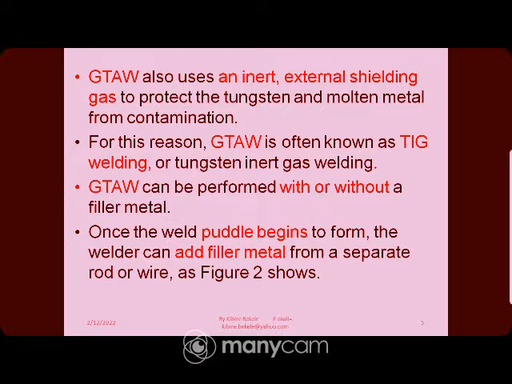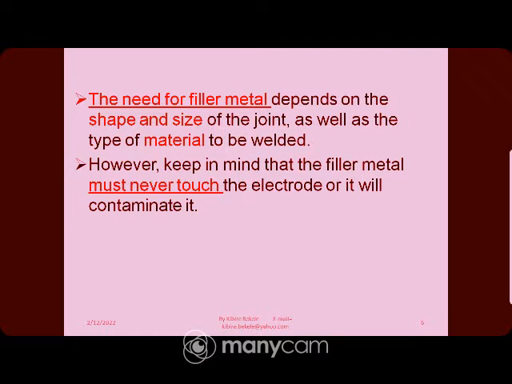So we can apply the filler rod after we form the welding puddle. The need for filler metal depends on the shape and size of the joint, as well as the type of material to be welded. However, always keep in mind that the filler metal must never touch the electrode, because it can contaminate the tungsten electrode.